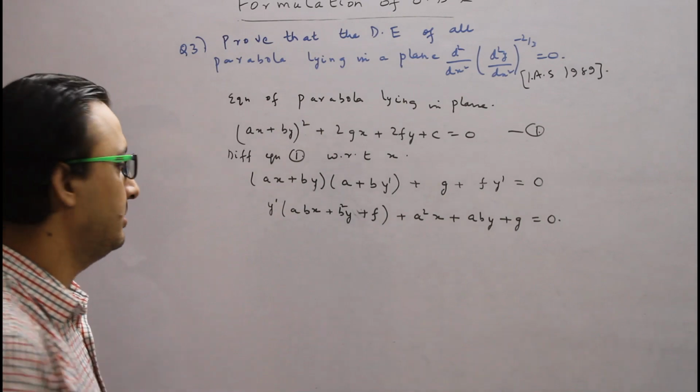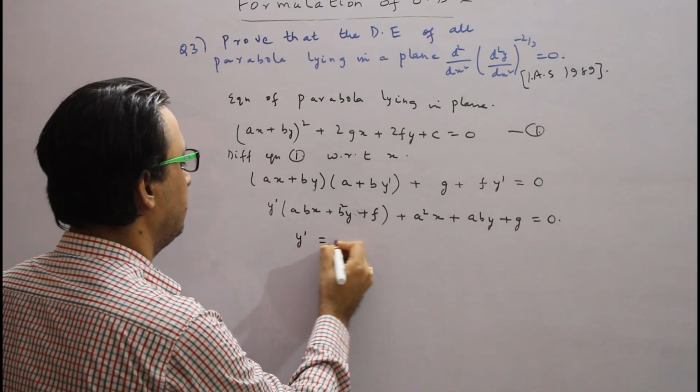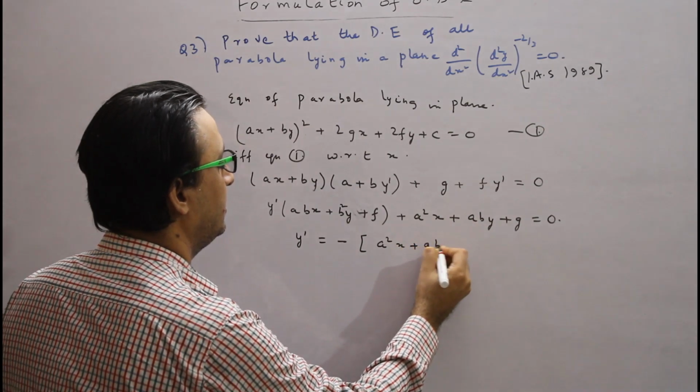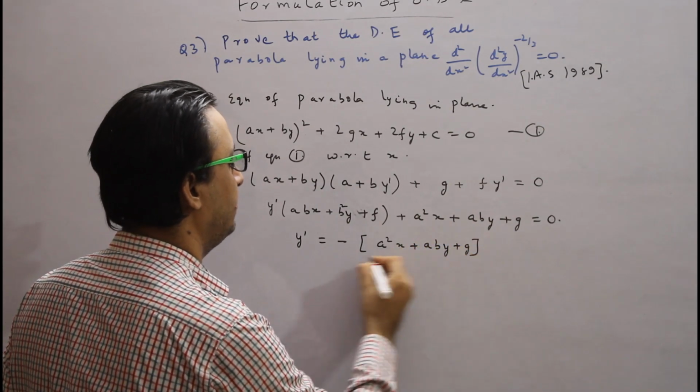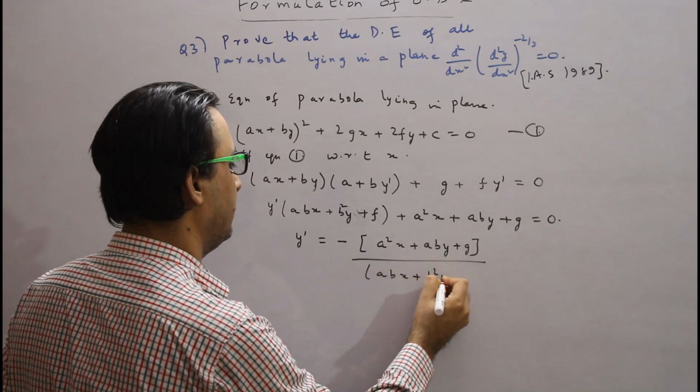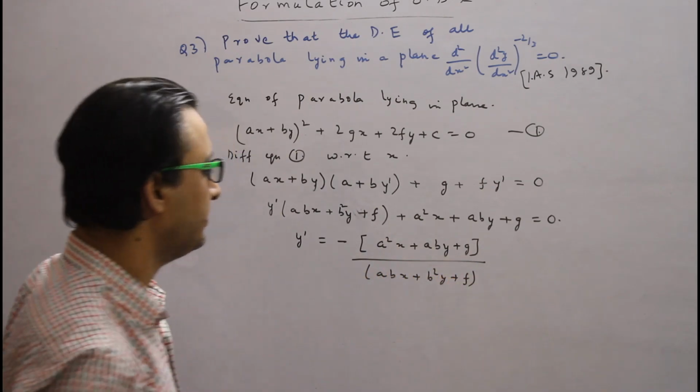So we are getting our y dash. We can write y dash as minus (a square x plus aby plus g) divided by (abx plus b square y plus f).